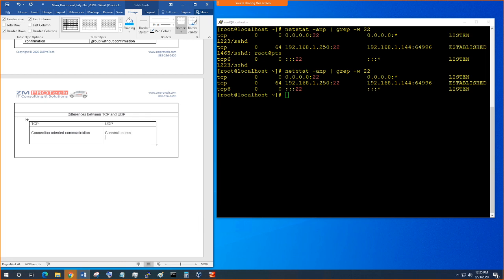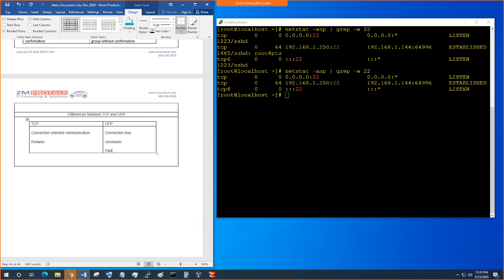And one other thing is TCP is reliable. Why is it reliable? Because it's making and confirming the connection here, and UDP is unreliable. And UDP is fast.